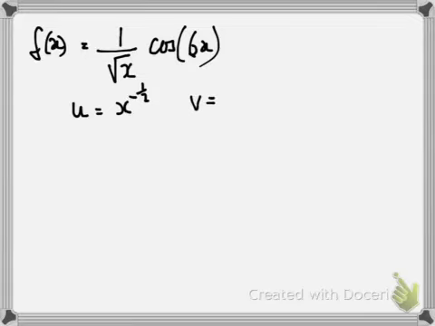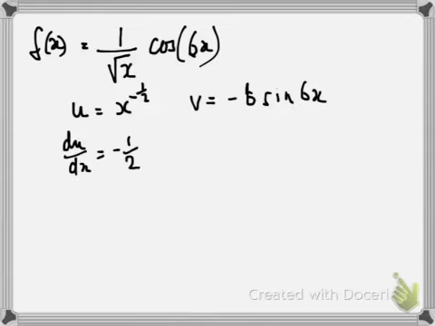Our v is negative 6 sine 6x. So cos goes to negative sine, derivative of 6x is 6, and 6x stays the same. So du dx equals negative a half x to the negative 3 on 2.